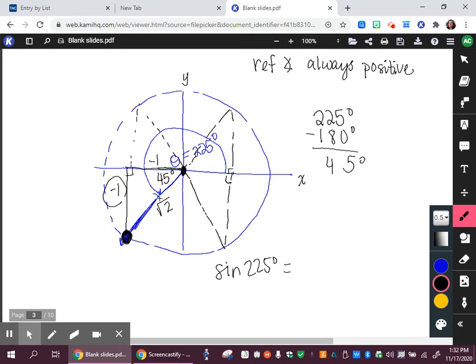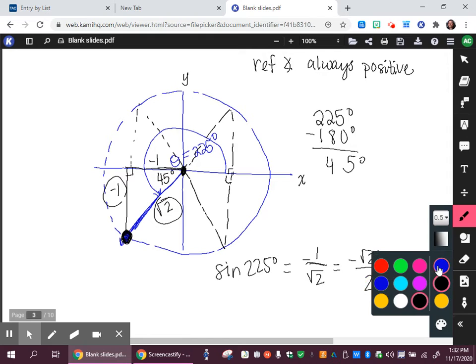That would be opposite over hypotenuse, which is -1 over square root of 2. And then just to kind of review, you would have to rationalize that denominator, which would give you -√2 over 2. And for those of you who are forgetting, I had to multiply by a form of 1. And remember, this is when we multiplied by √2 over √2. Okay? So I'm hoping that helped.